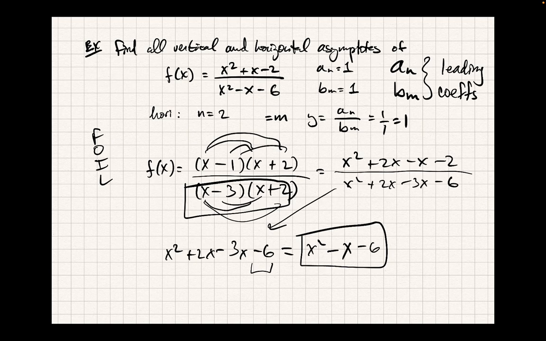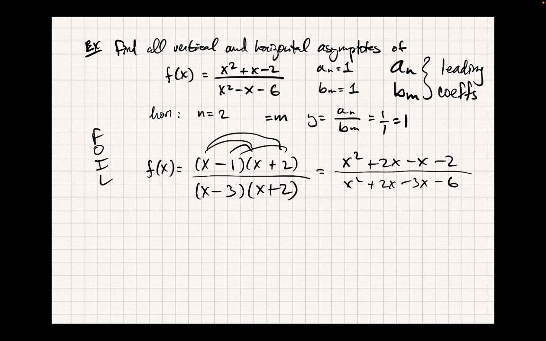I'm curious about the n and m. Are those just the coefficients? n and m are not the coefficients. A sub n and b sub m are my leading coefficients, the numbers in front. So there's my 1 for a sub n, and there's my 1 for b sub m.